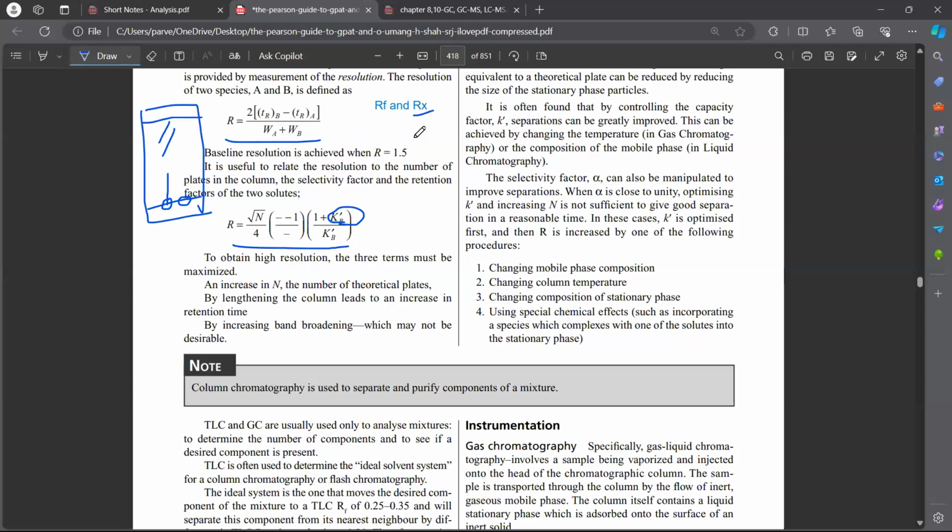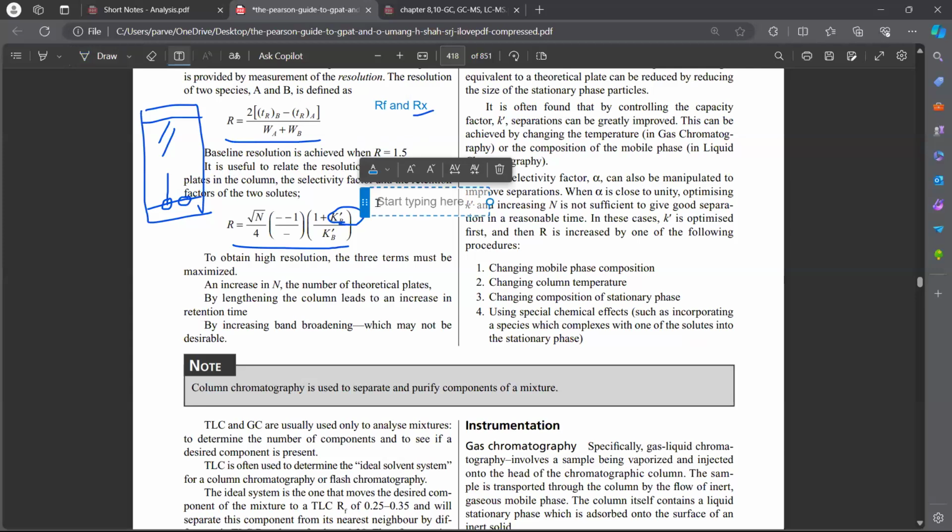Rx is the distance traveled by the sample divided by the distance traveled by the standard.